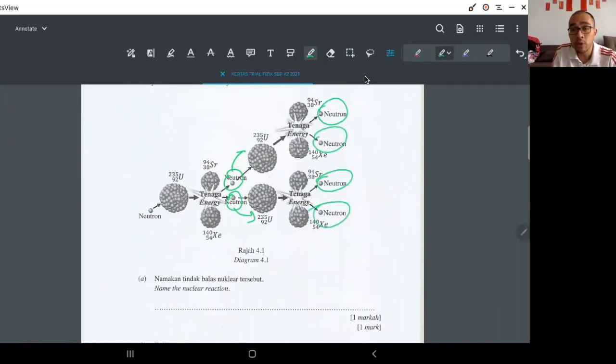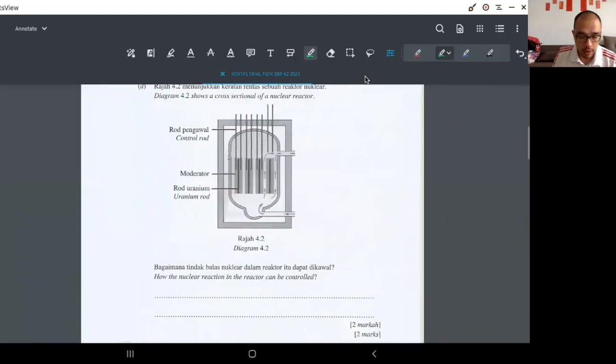So you kind of want to control the neutrons that are being released. So you absorb some of them, and then the ones that are not absorbed, you slow them down so that they don't move too fast, causing too many reactions. So that's this one, for the control rod and for the moderator.